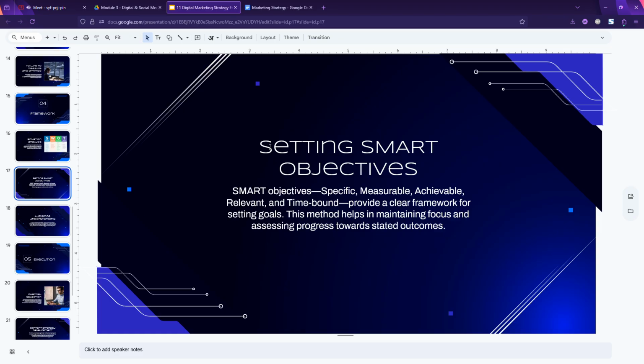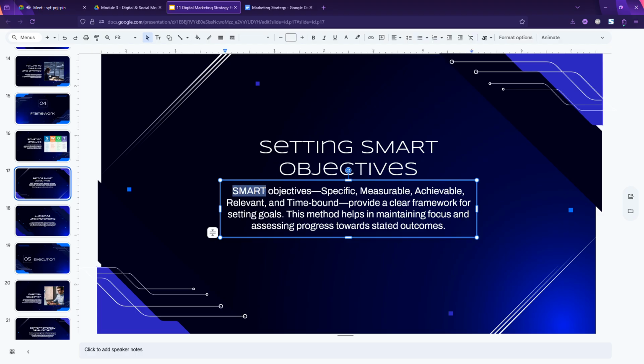Then setting SMART objectives. With SMART, we say specific, measurable, achievable, relevant, and time bound. It's an abbreviation which provides a clear framework for setting goals. This method helps in maintaining focus and assessing progress towards stated outcomes.